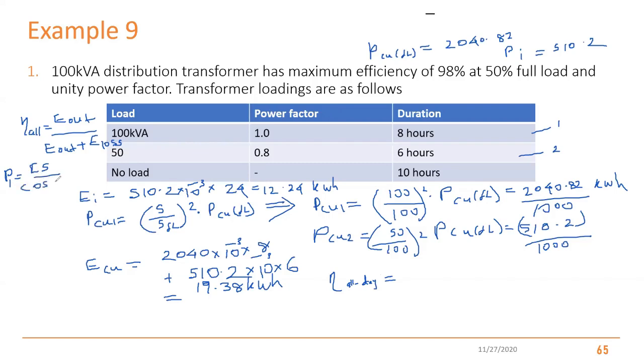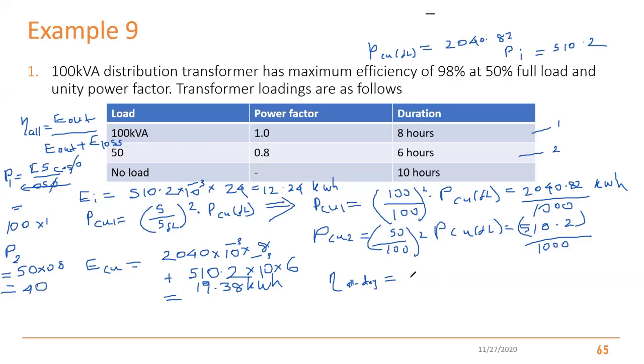Earlier we also obtained S multiplied by cos phi. So 100 into 1, P1, P2 is 50 into 0.8, that is 40.